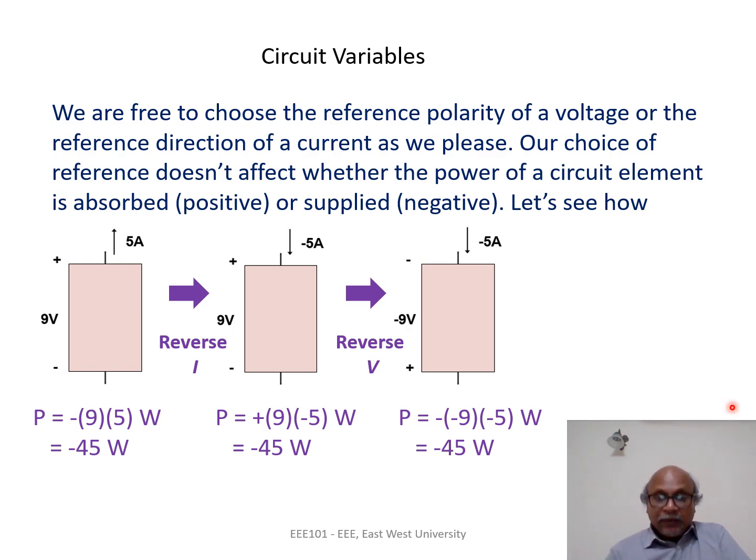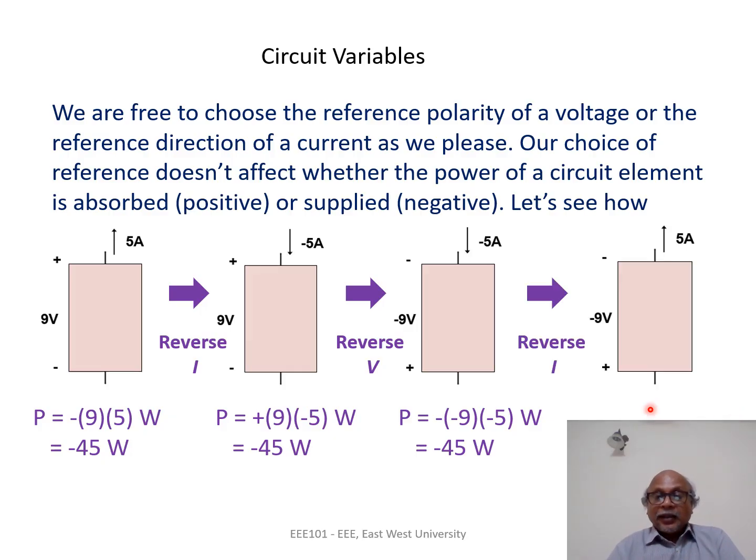There can be another possibility. I reverse the direction of the current again. I choose the current upward, and for upward direction, the current is plus 5 ampere. Okay. Now, in this case, the fourth case, the current is leaving through the minus of the voltage. That means current is entering through the plus of the voltage. In other words, passive sign convention is satisfied.